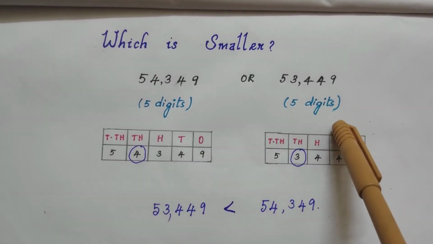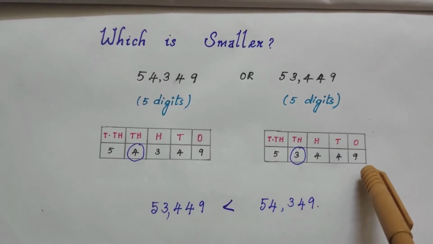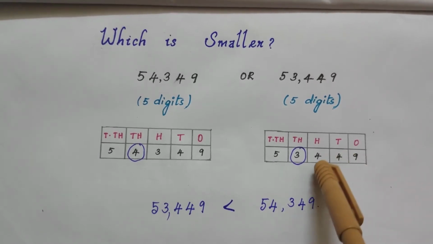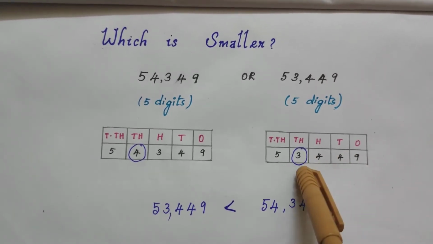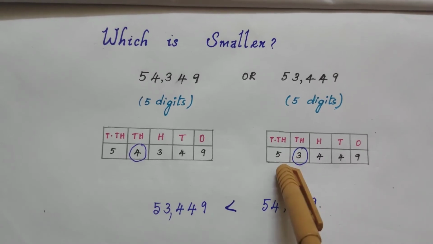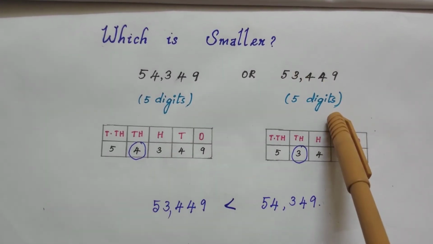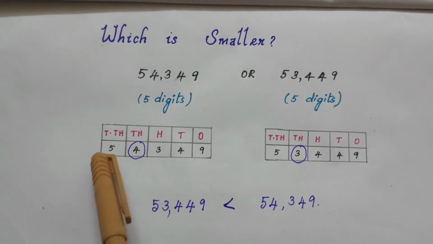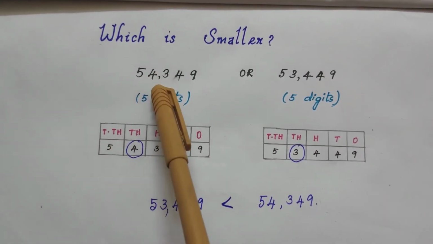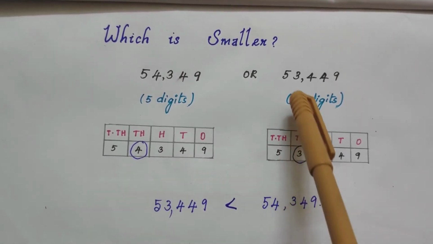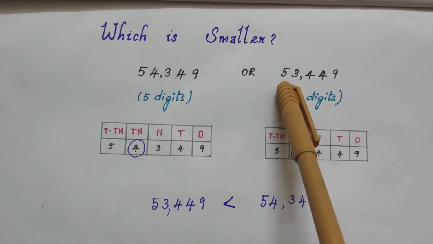And also for the second number, I have placed 9 in ones place, 4 in tens place, 4 in hundreds place, 3 in thousands place, 5 in 10,000s place. Let's compare both the numbers. Here, the first digit for the first number and the first digit for the second number is 5.